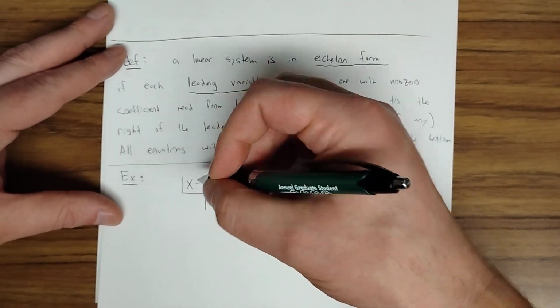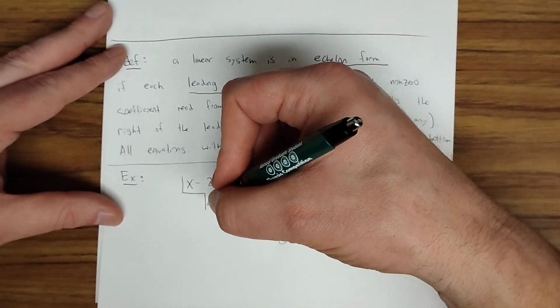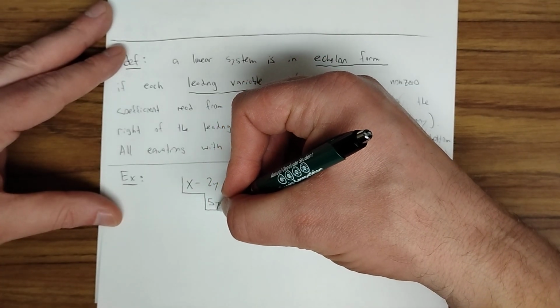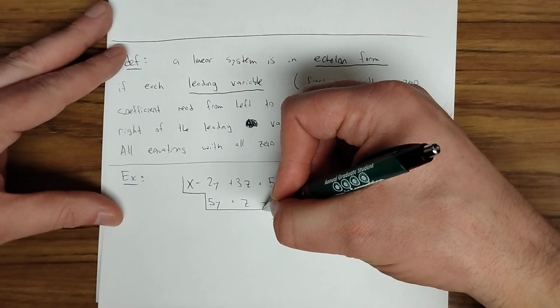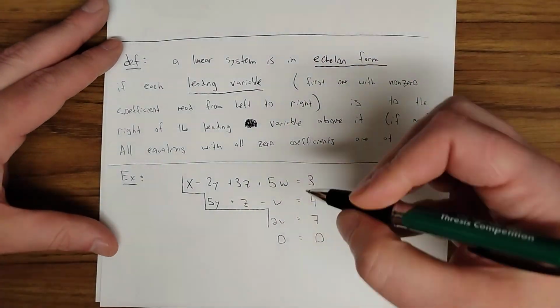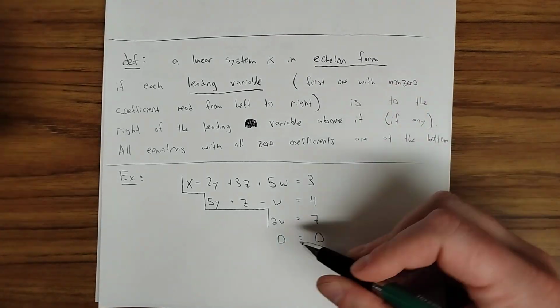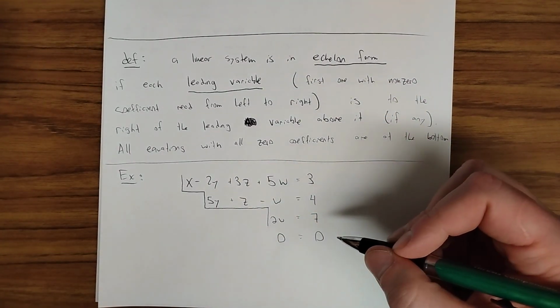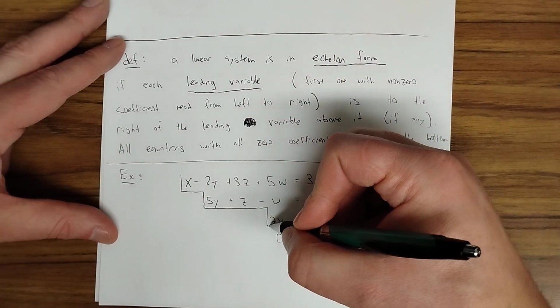So I go to the right, then down, then to the right until I reach the leading variable of the next one, and then down, and then I have my all zero row at the very bottom as it's supposed to be.